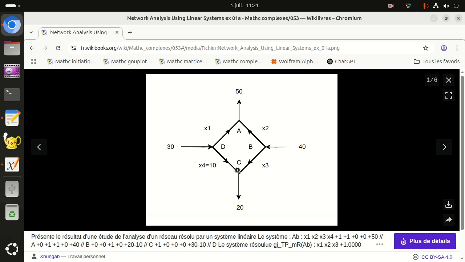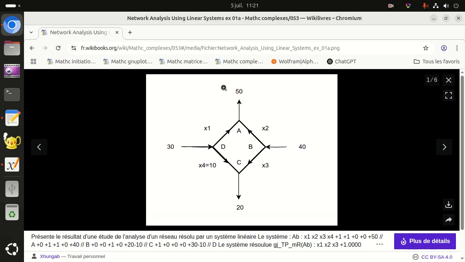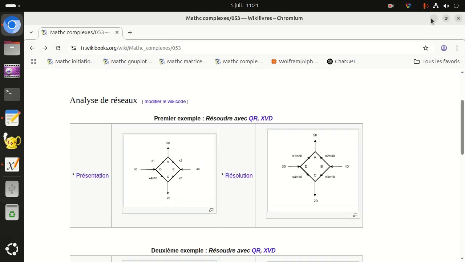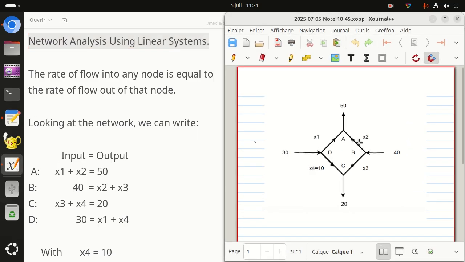This is the first network analysis. I have drawn this network here.